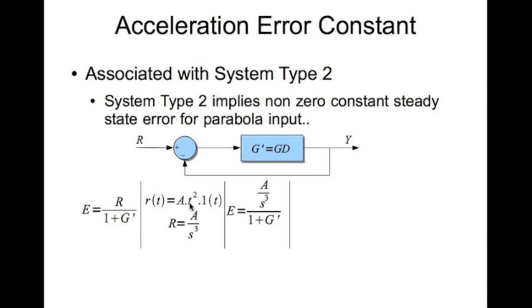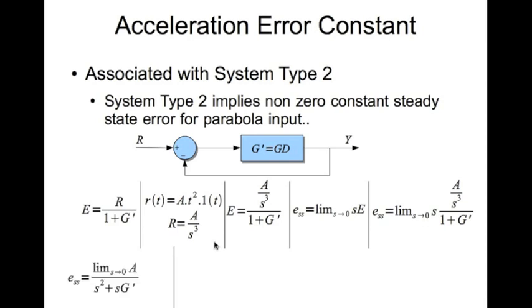Substitute that in the error equation, find an expression for steady state error like so. One of these s cubed gets cancelled with this s, multiply the remaining s squared through here, this should be s squared, and therefore you can write steady state error ESS is A divided by the limit as s tends to 0 of s squared g dash.